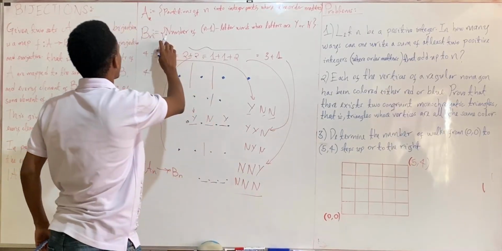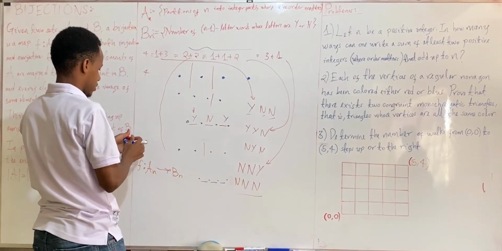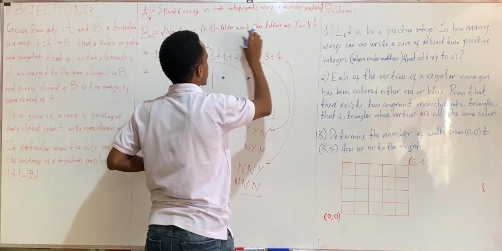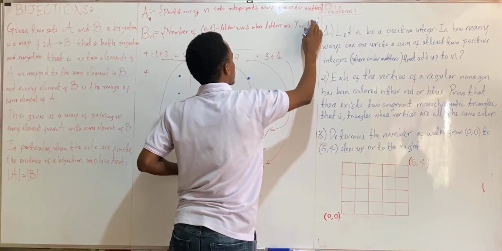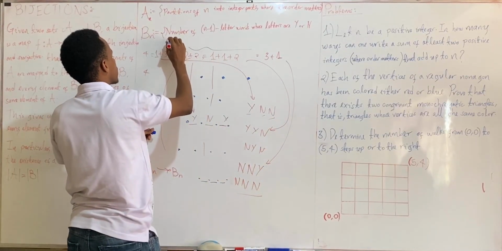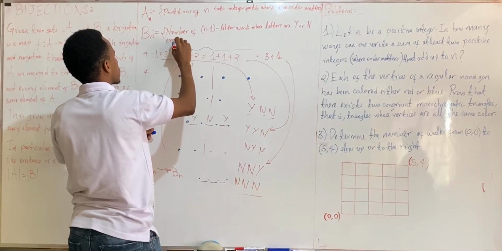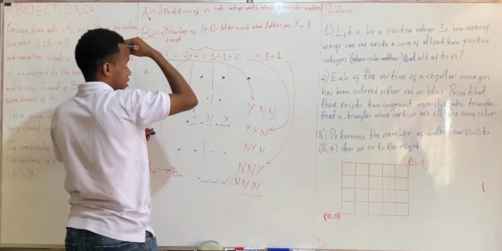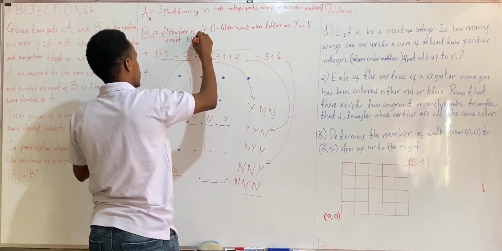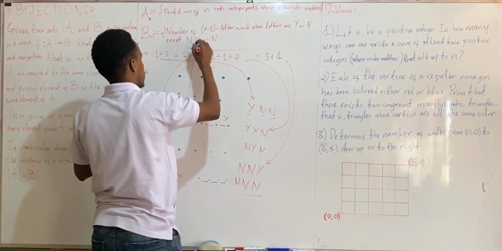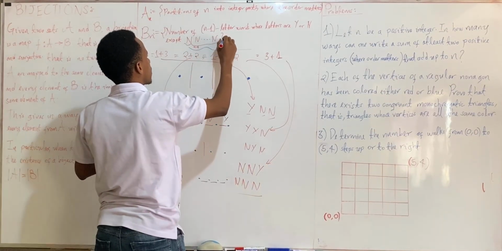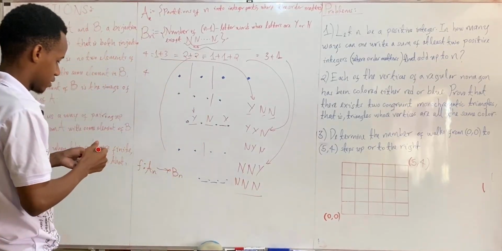So in this case, we have to modify our set Bn into the set of n minus 1 letter words whose letters are either n or y, except the one with n minus 1 n's.